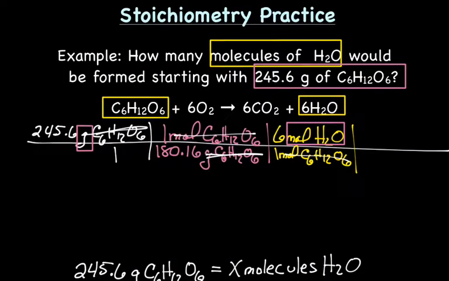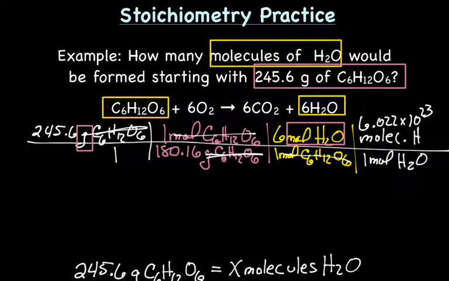So on the bottom, I will put 1 mole H2O. And on the top, we'll have 6.022 times 10 to the 23rd molec H2O. Okay, so again, let's cross out our units. We went from mole of water, and we're left at molecules of H2O.